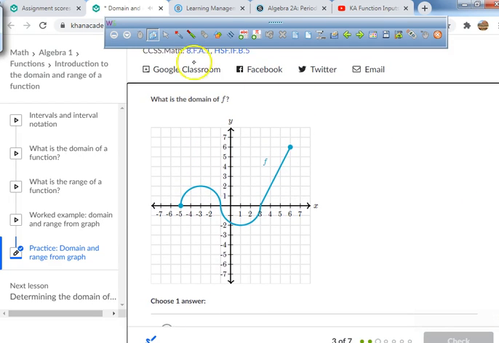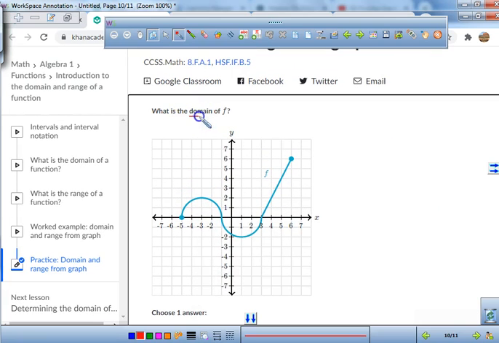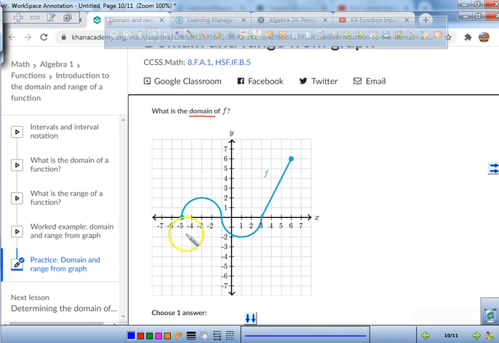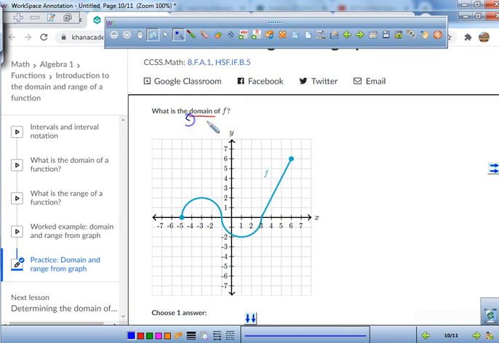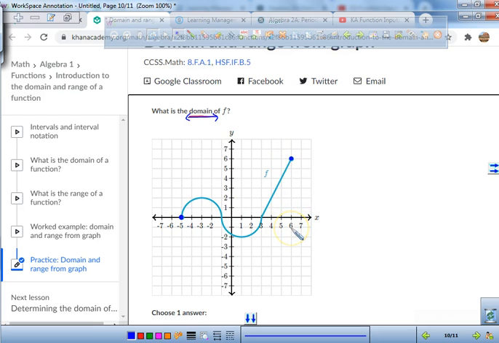Okay? Here's another function. What's it asking for on this one? It's asking for the domain. So now the domain deals with what? The left and the right. So how far to the left does it go? -5. How far to the right does it go? What would you guys say? What's the max? Correct, max is 6. What's the minimum? -5.